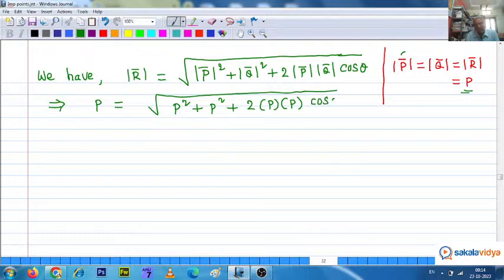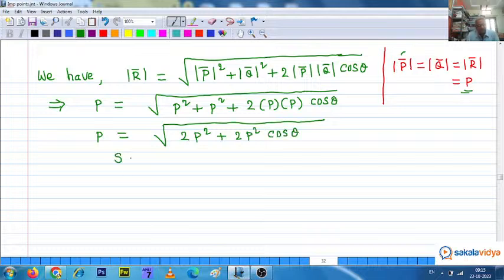Our aim is to determine the theta value. Let us simplify this: P equals root of P square plus P square, which is 2P square, plus 2 into P into P, 2P square cos theta.